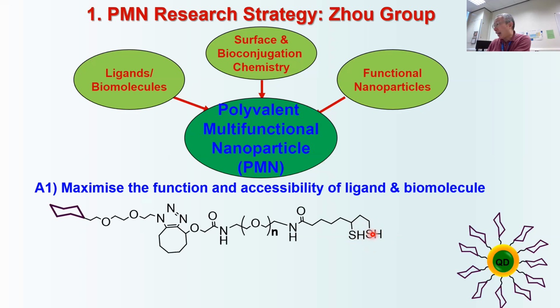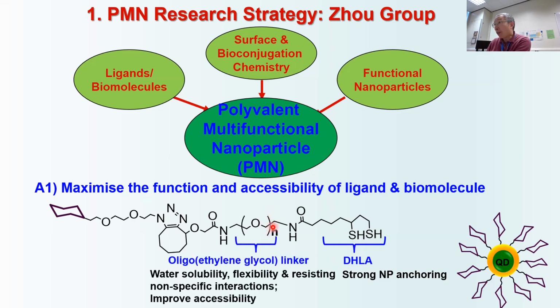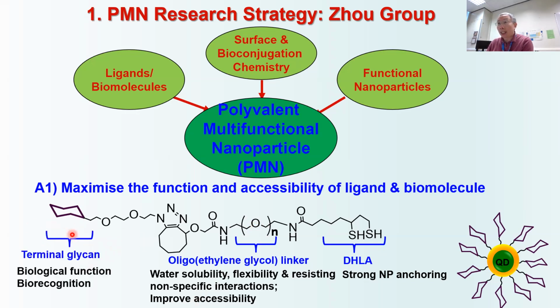We have the dithiol group, which can bind to the nanoparticle surface very strongly. We also introduce an oligoethylene glycol linker that provides water solubility, flexibility, and prevents non-specific interactions. And by choosing the length of these EG linkers, we can also improve the accessibility of the functional groups at the terminal end.